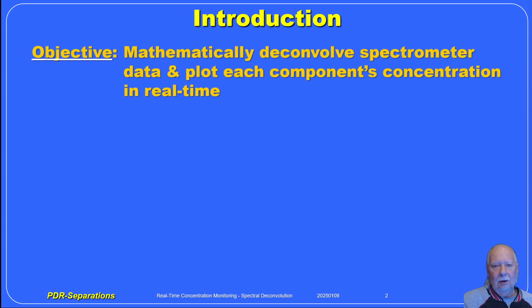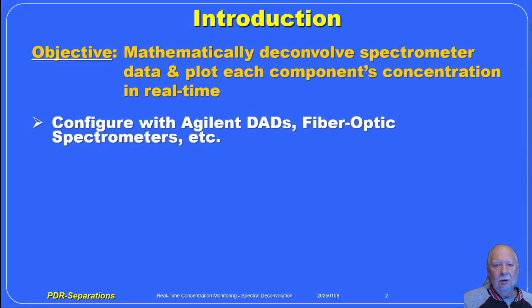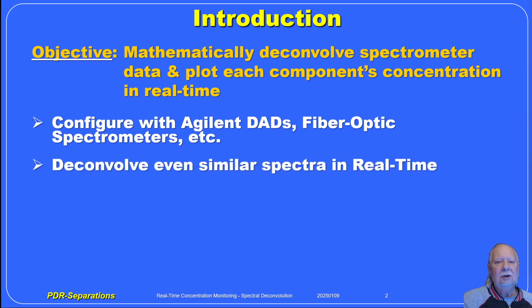Introduction. Objective: mathematically deconvolve spectrometer data and plot each component's concentration in real time. We can configure with Agilent DADs, fiber optic spectrometers, etc. We can deconvolve even similar spectra in real time.